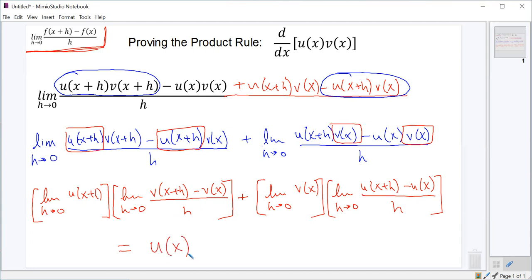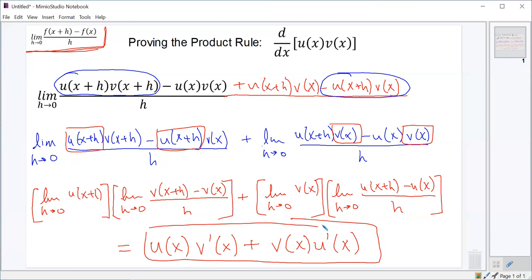And the limit as h approaches 0 of v of x plus h minus v of x all over h is just the limit as h approaches 0 of the difference quotient for v of x, which means the derivative, or v prime, of x. As h goes to 0, v of x is just v of x. And our last limit is just the limit definition of the derivative for u of x: the limit as h approaches 0 of u of x plus h minus u of x all over h. So that becomes the derivative of u, or u prime.